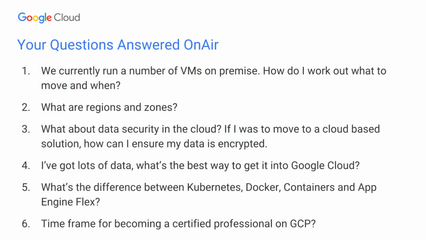Sure. So first up, if we currently run a number of VMs on-premise, how do we figure out which ones to move first? What's the process to follow? Absolutely. You need to think about the boundaries of your application, but also the structure of your application. If it's a relatively new application or it's run using open source software and it doesn't have a lot of integration points with your on-premise systems, those become easier systems to move.